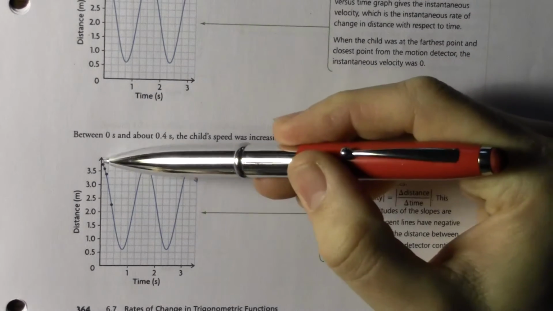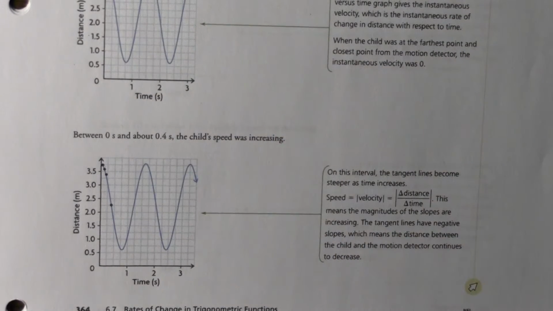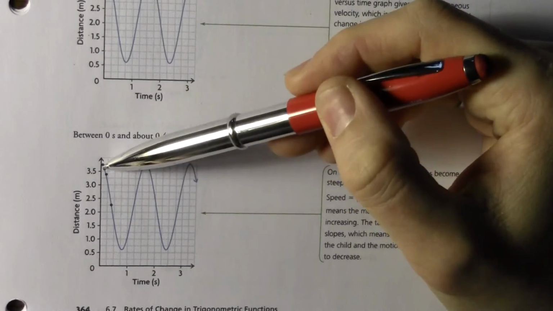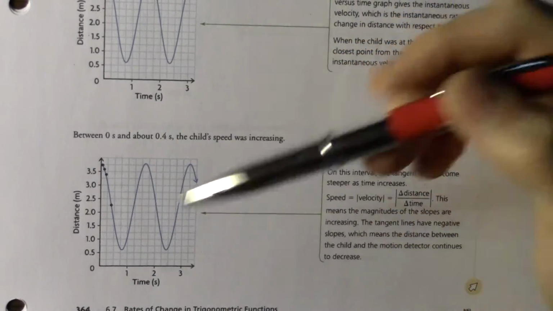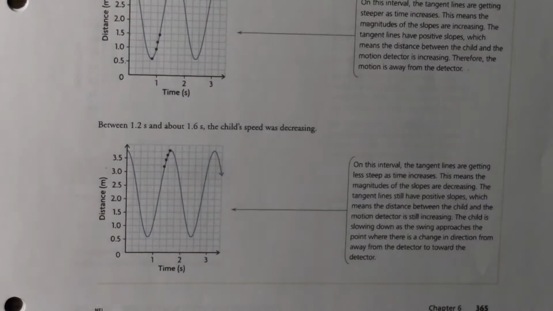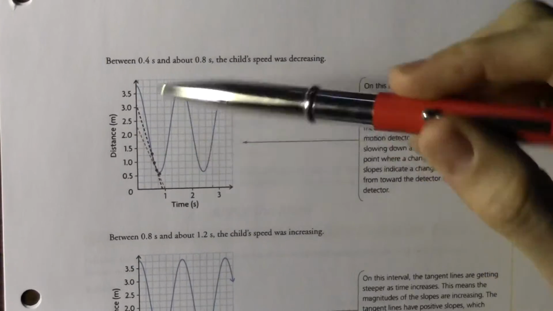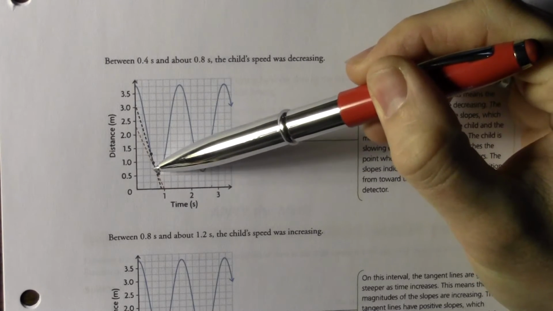We've drawn 1, 2, 3, 4 points here. And it's almost a straight line here, but there is a curvature to it, right? So when we draw those tangent lines, there's 4 points down here. It's slight, but it does change, right?